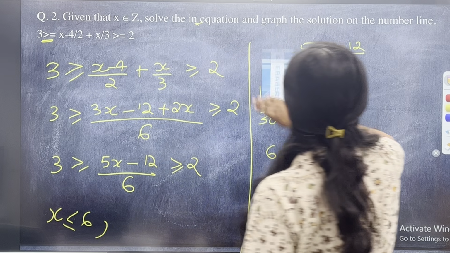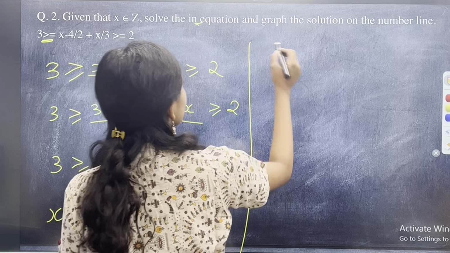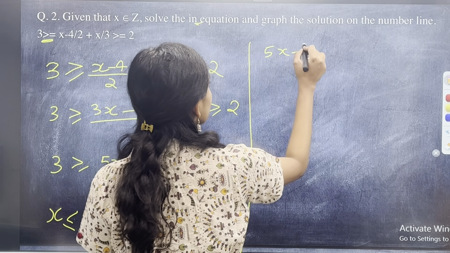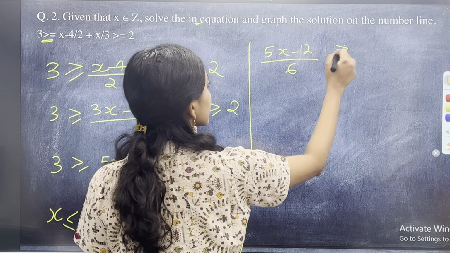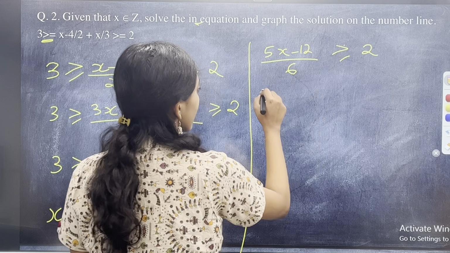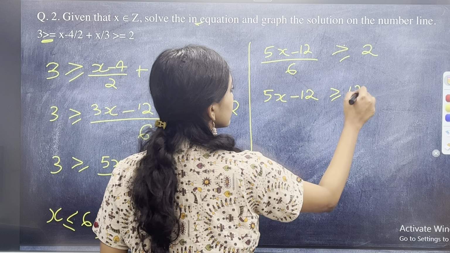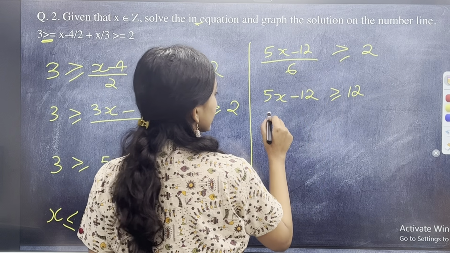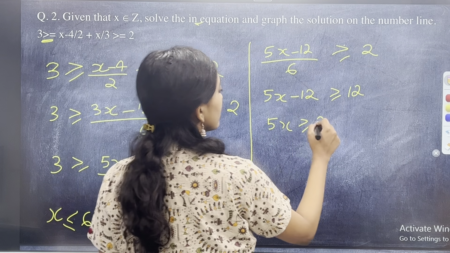This is one inequality which we have got. Okay, now let's go to the next part. 5x minus 12 divided by 6 is greater than or equal to 2. Let's solve. 5x minus 12 is greater than or equal to 12. पॉजिटिव ये होना चाहिए तो इसको इस तरफ लाएंगे. 5x is greater than or equal to 12 plus 12 is 24.